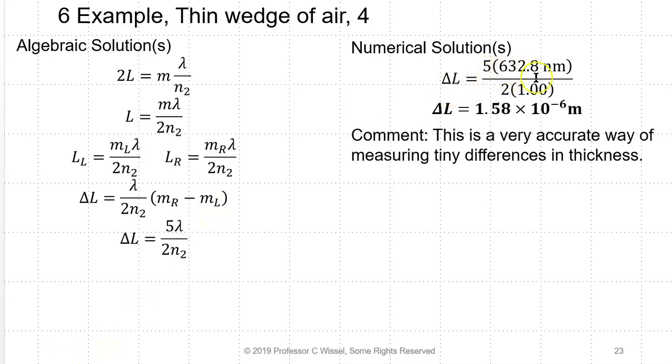Delta L is 5 times the wavelength of 632.8 nanometers over 2 times the index of refraction of air. This becomes delta L equals 1.58 times 10 to the minus 6 meters. So that's the variation in thickness between one end and the other. This is a very accurate way of measuring tiny differences in thickness.